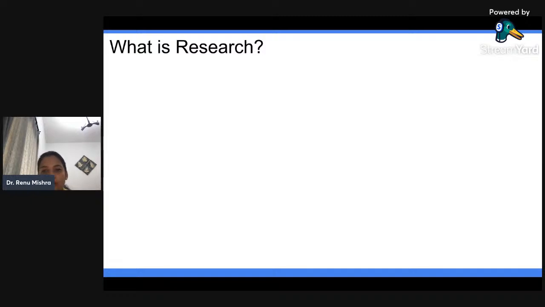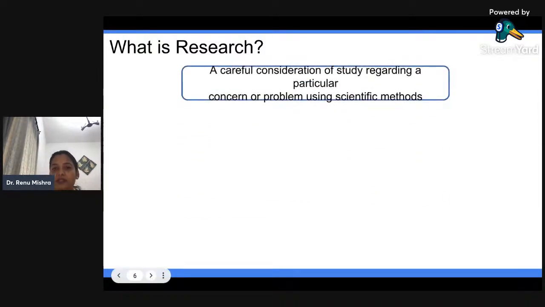Yes, Anveet, yes, Ares, all of you are correctly saying that research is about searching again and again a particular topic. So when I say searching again and again, basically research tells you to talk about a particular topic, a particular gap, or a particular concern or problem, by using a way of methods.